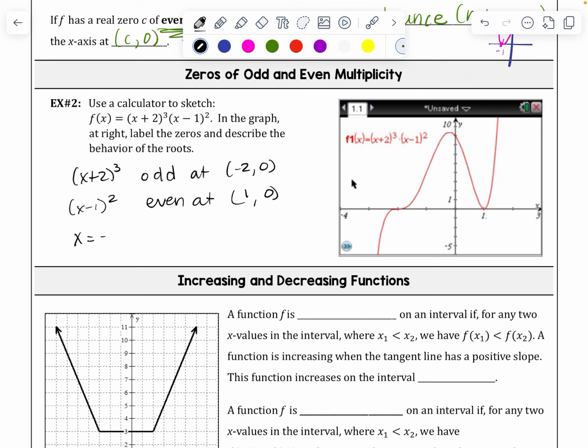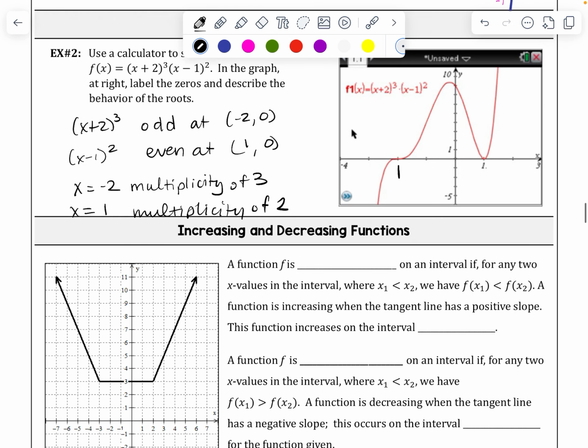So therefore, x equals -2 has a multiplicity of 3, and x equals positive 1 has a multiplicity of 2. So we have a multiplicity of 3 here, and we have a multiplicity of 2.